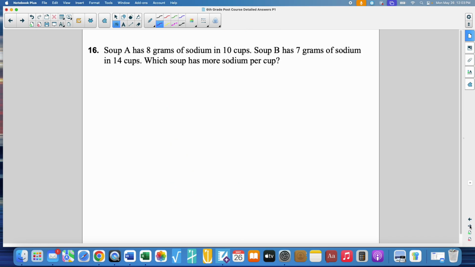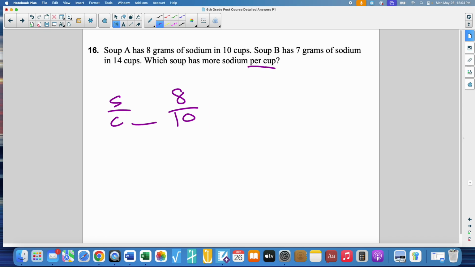Number 16, soup A has 8 grams of sodium in 10 cups. Soup B has 7 grams of sodium in 14 cups. That's good that we continue. Same units. Which soup has more sodium per cup? So we're going to do sodium 8 to 10, and we need a unit rate per cup.